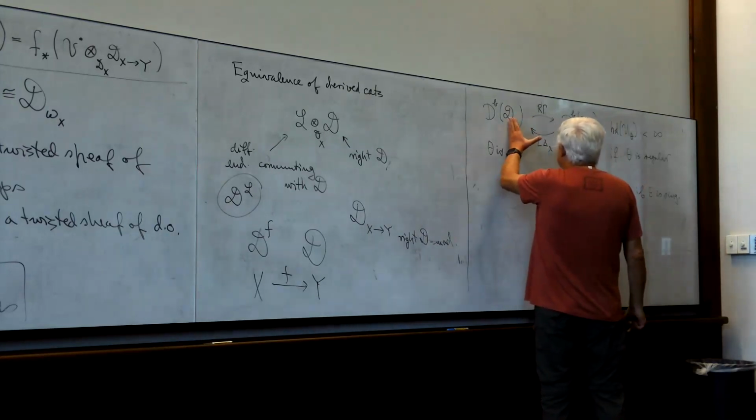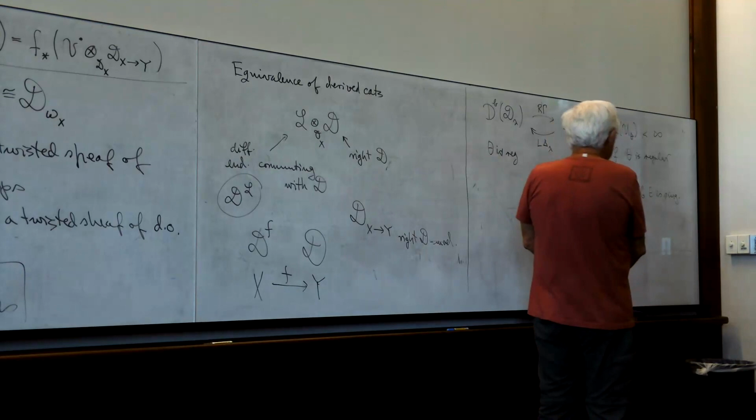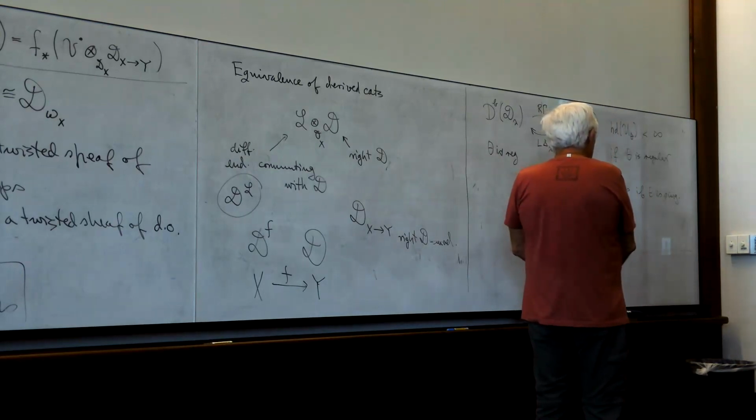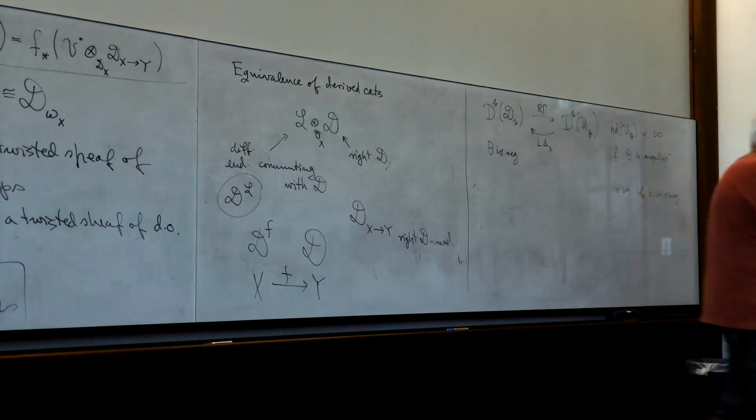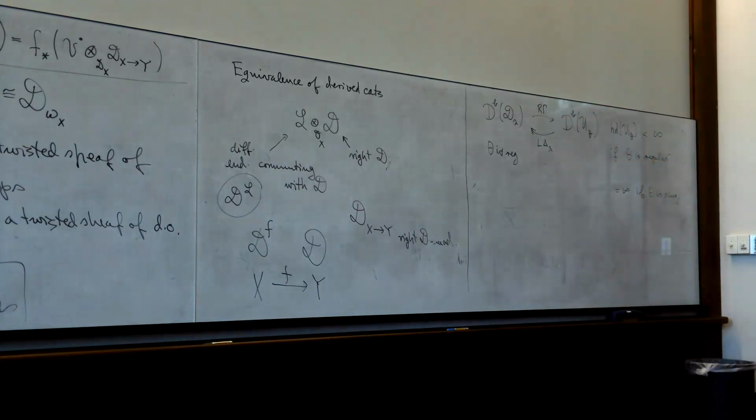You send it here, you tensor by D lambda, and then you can show the localization of the elements of the complex are acyclic for gamma, because higher homologies belong to that.